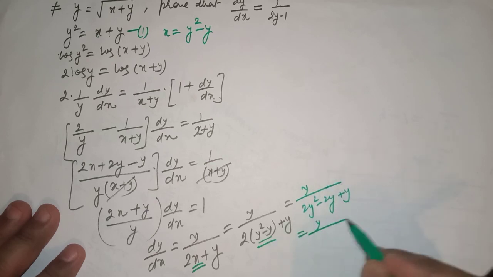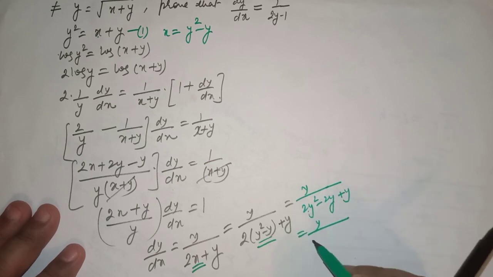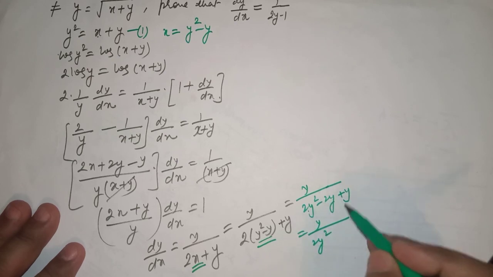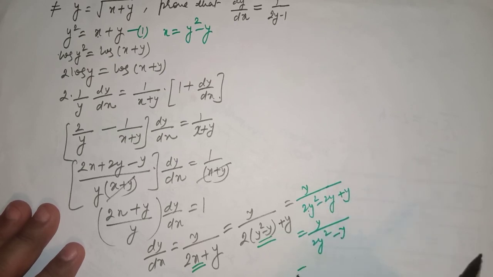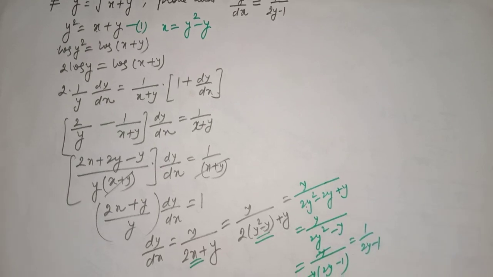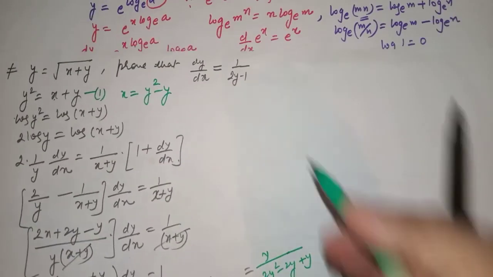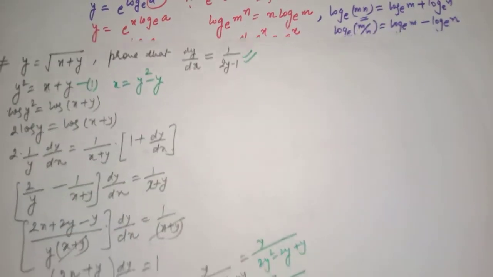So we will have y over 2y square, and minus 2y plus y is minus y, and taking y as common we have 2y minus 1. So y gets cancelled and we are left with 1 over 2y minus 1. So this is our required result. Clear?